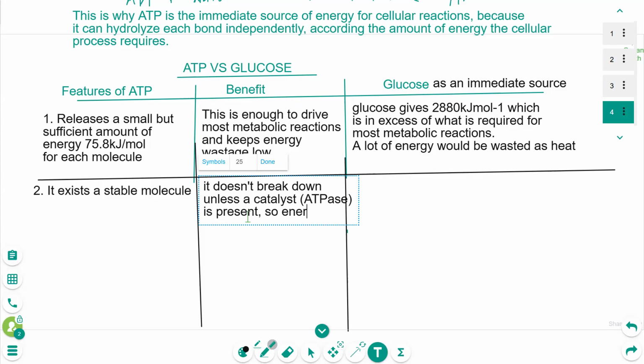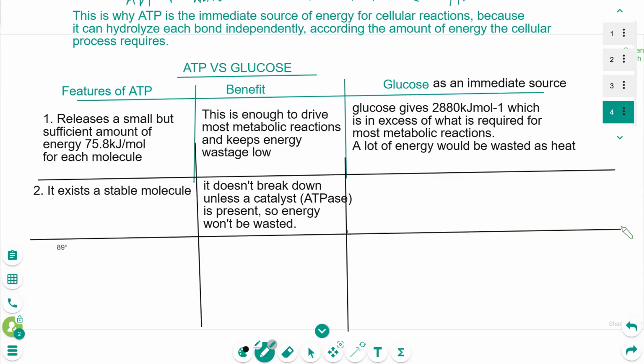ATP is not just going to break down on its own unless the catalyst is there. We don't really have a matching point for glucose for that one.